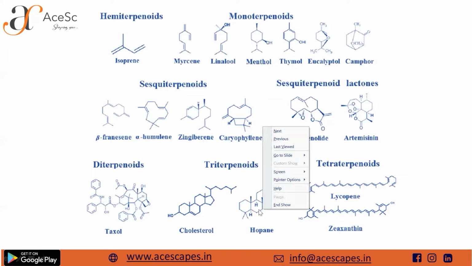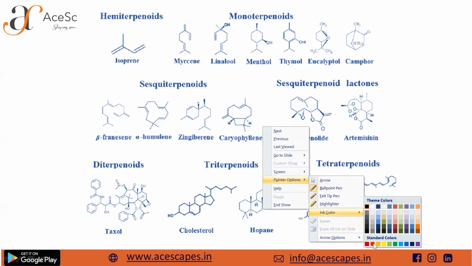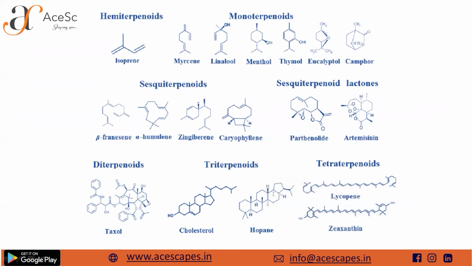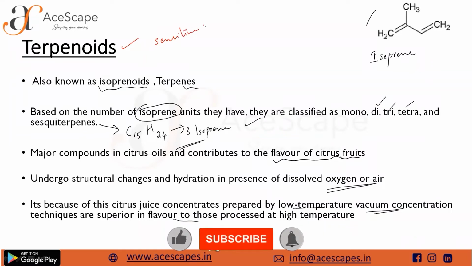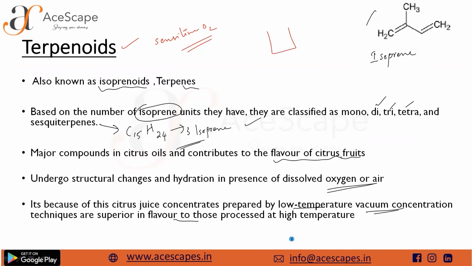Can you explain the last point once again? The last point I was telling is that terpenoids are sensitive to oxygen. When we are preparing lemon juice in normal atmospheric conditions, the terpenoids get oxidized and we lose this compound, so there will be a change of taste.